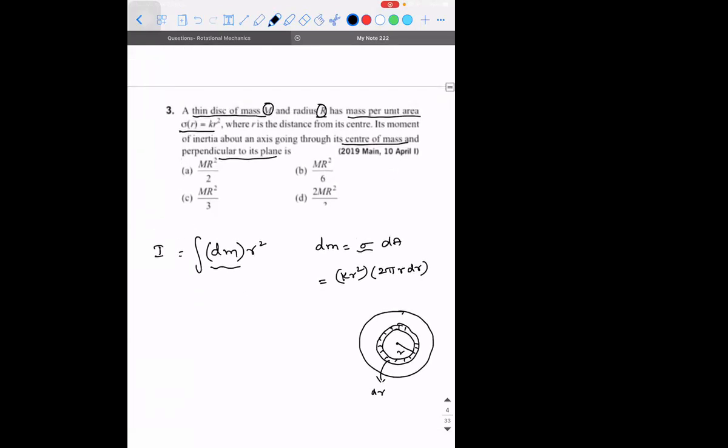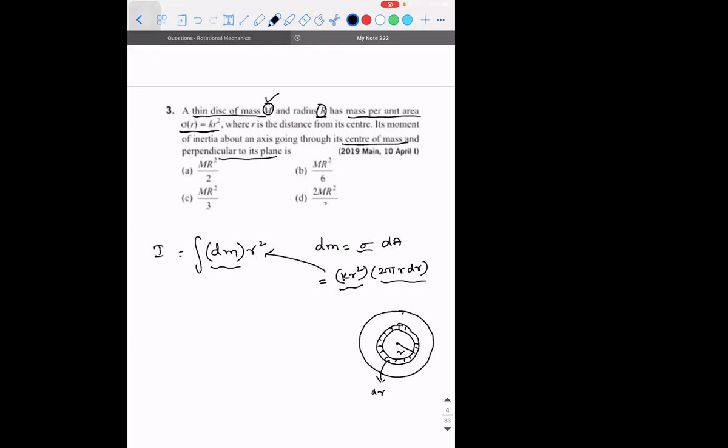So here, why have they given you the total mass m? Can someone tell me why m is needed in this problem? If you look at the options and the data given for sigma, you'll understand. In the previous question we needed only the radius of gyration, but here we need the moment of inertia. Since sigma is given, I know sigma, I know dA.